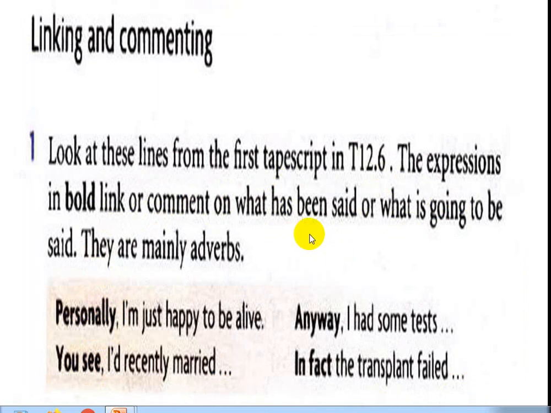They are mainly adverbs, not all of them. Mainly they are adverbs. Personally, I'm just happy to be alive.